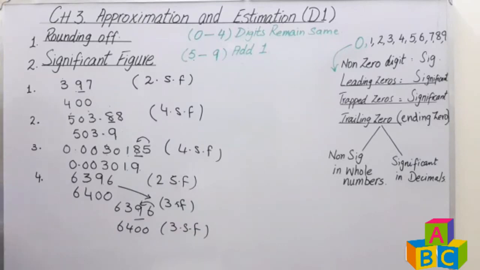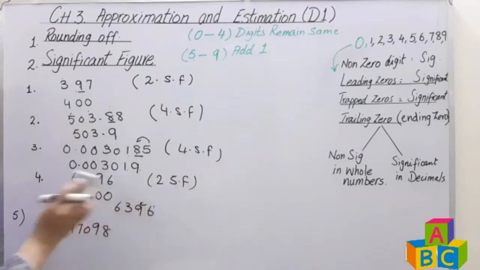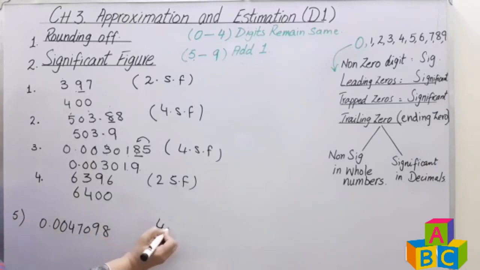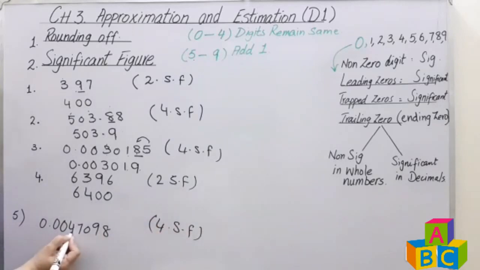And one more question, number 5, is 0.004798, and we round it to 4SF. The first significant figure is this: 1, 2, 3, 4.